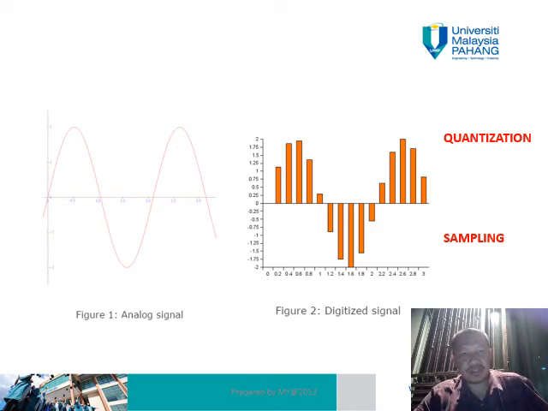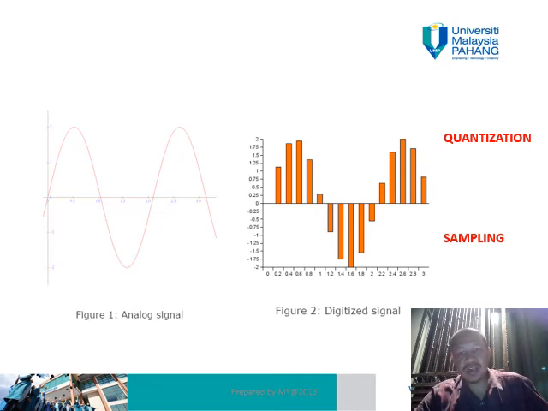This is basically the simplest form of analog signal, and it is used to represent the voice or the message in the form of analog signal. In this subject we will also learn how to convert this analog signal, the sine wave, into digital, how we are going to digitize this sine wave.